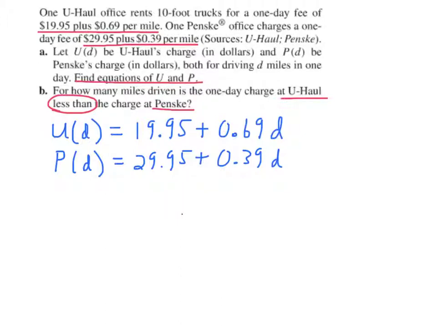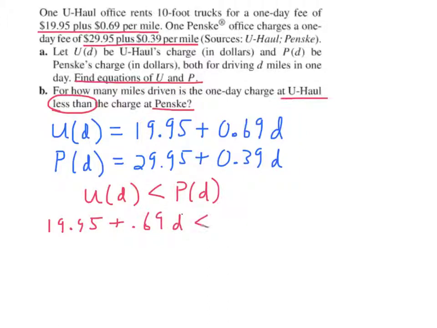So we want U to be less than P. So we're trying to solve U of D less than P of D. So when we set that up, that just requires plugging in for the two expressions. So we have 19.95 plus 0.69D is less than 29.95 plus 0.39D.